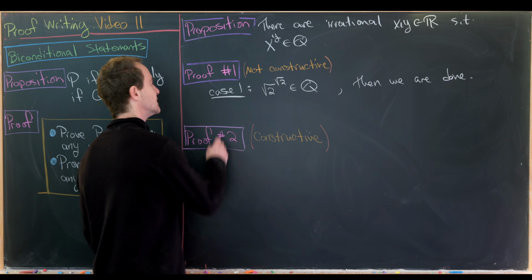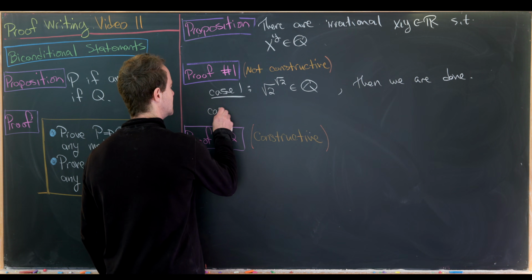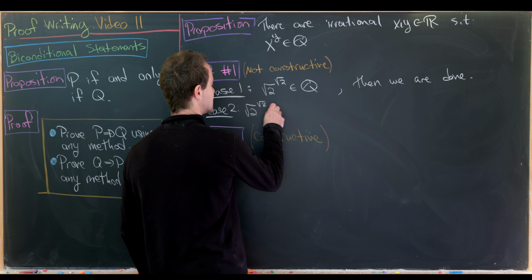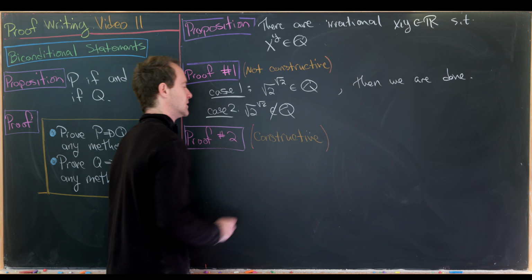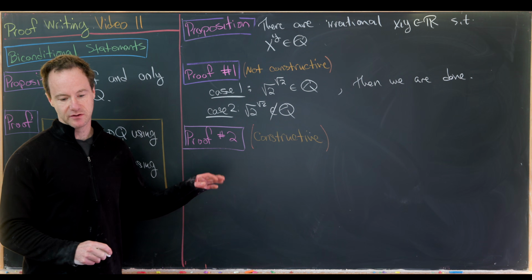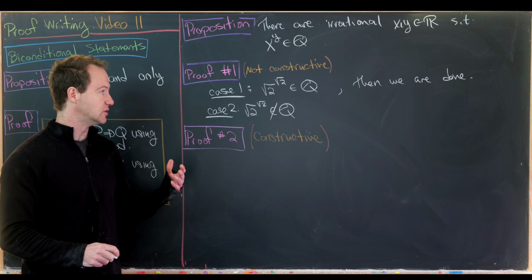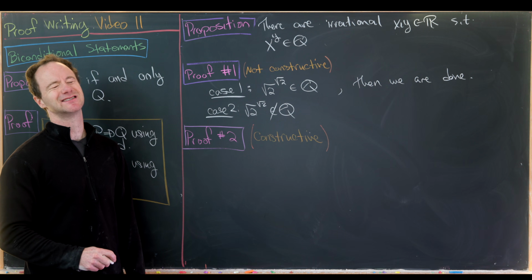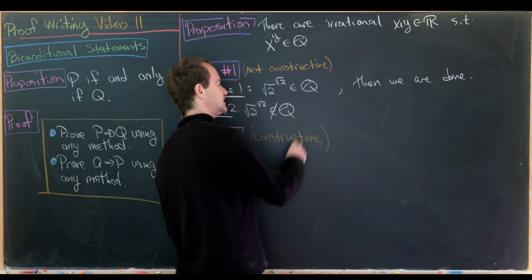Okay, cool. So what about case 2? Case 2 is what happens if this number is not rational. So if this number is not rational, then in fact we can raise it to another number which is also irrational to produce something that's definitely rational. So let's do that.